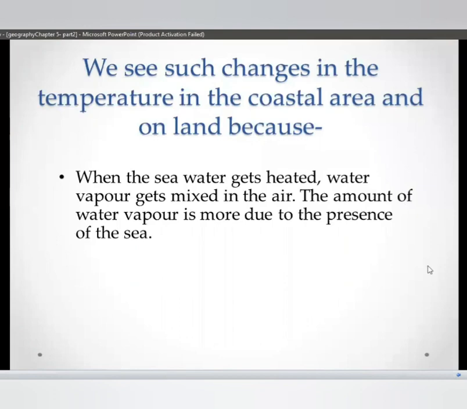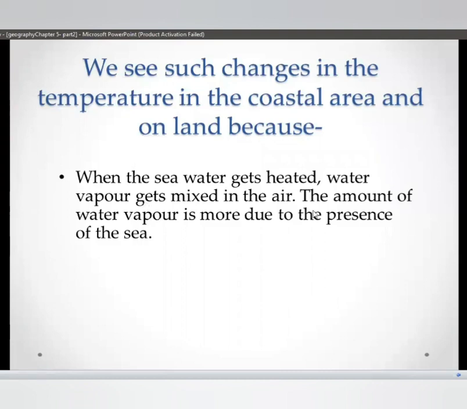when the seawater gets heated, water vapor gets mixed in the air. The amount of water vapor is more due to the presence of the sea.